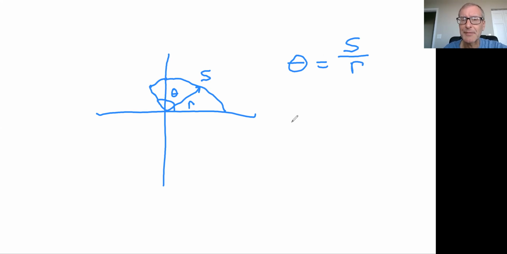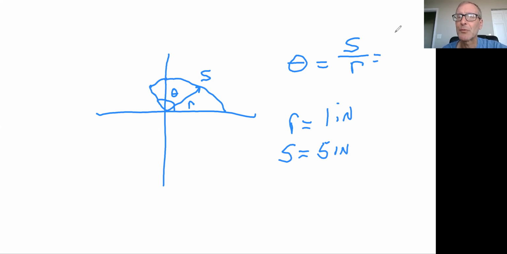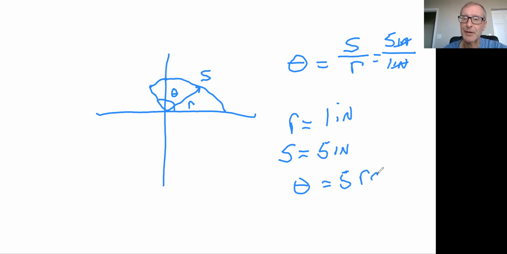Say r in this case was 1 inch, and s, the circumference in this case, was 5 inches. If I do this division, we have 5 inches on the top and 1 inch on the bottom, and you can see that the inches cancel. That's what we mean by a dimensionless quantity. And so theta would be 5 radians.